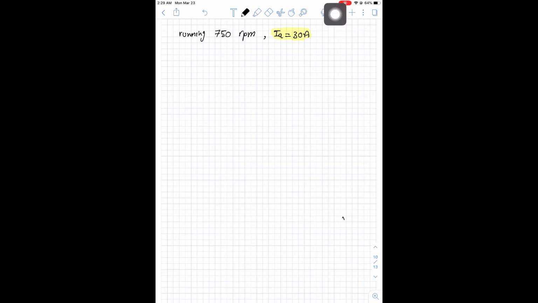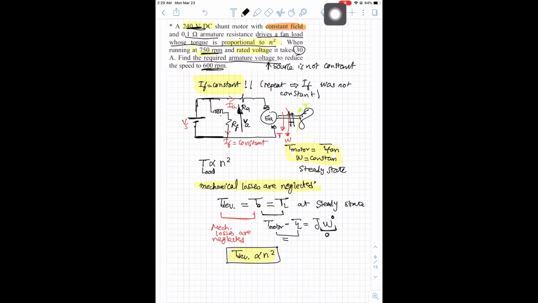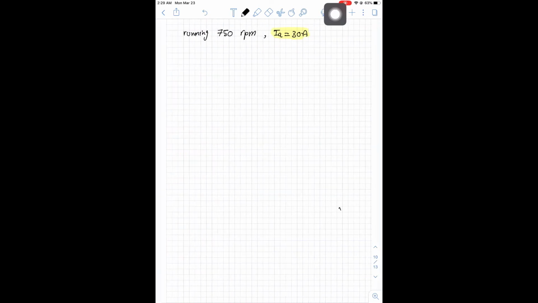However, in the exam I will mention clearly that the current is armature current. So the machine runs at 750 RPM, takes 30 amperes, and in this case V source equals V armature equals 240 volt. This is what is given.